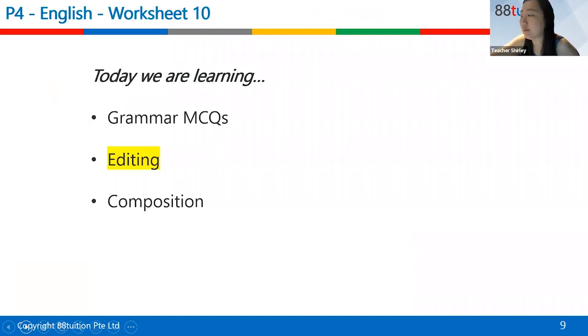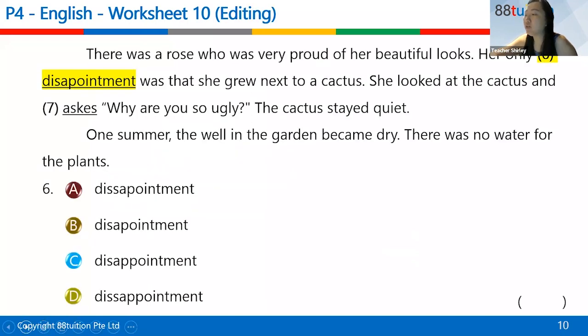Editing, as I mentioned, is found in Section B of your Paper 2. Paper 1 is writing, composition. Paper 2 is your comprehension and all the different sections. Over here we have a piece of text.